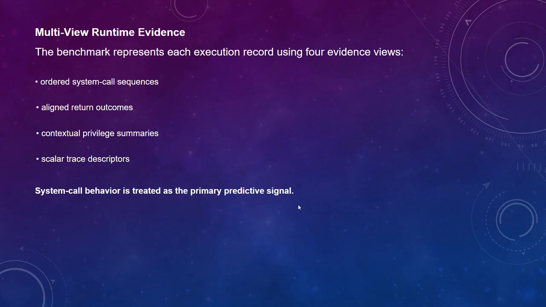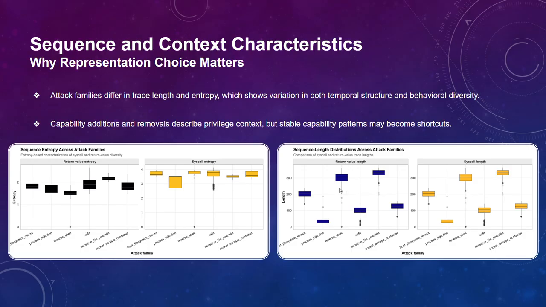We incorporate this intuition into the experimental processes. Our data analysis phase shows differences in return value entropy and system call entropies. For example, the safe class shows high entropy with high tails, whereas reverse shell tends to have less entropy in the return value.